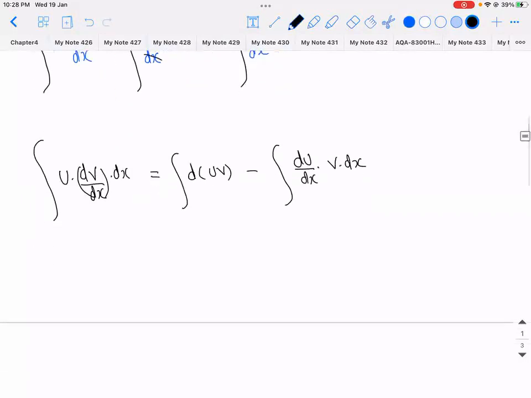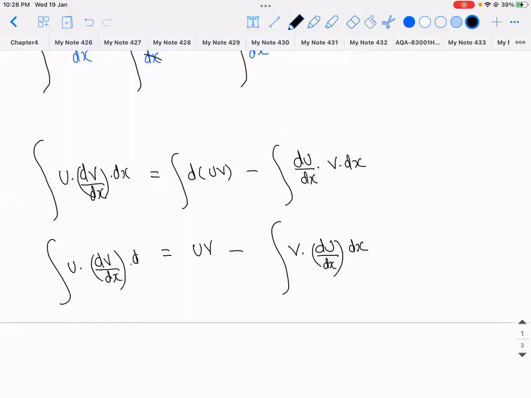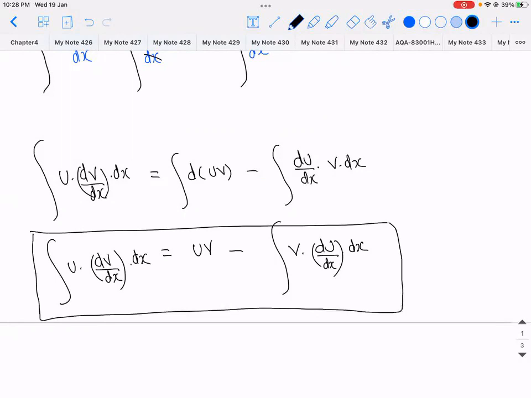I'm just rearranging this. So the integral of u times dv over dx times dx is actually, and this is a very important formula, uv minus the integral of v times du over dx times dx.